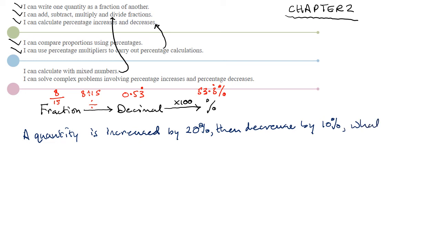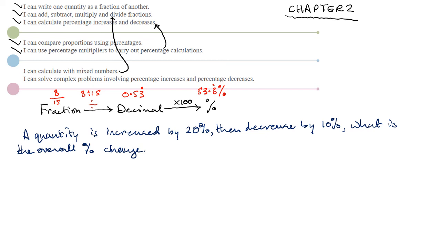What is the overall percentage change? Now you might be tempted to think, oh well, if it's gone up by 20 and it's gone down by 10, well, it's the same as a 10% increase, but you would be incorrect.